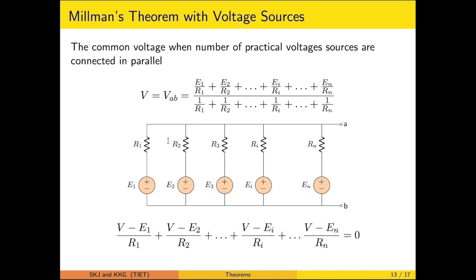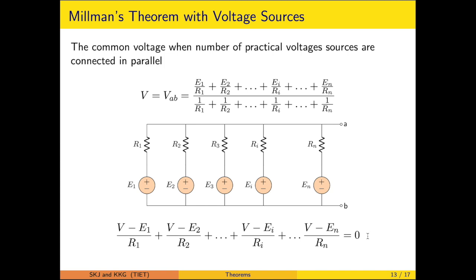Correspondingly, we write the outward current through the first source as V minus E1 upon R1, the outward current through the second one as V minus E2 upon R2. In this way you proceed, and the summation of all outward currents is taken as 0. That is the KCL arrangement.